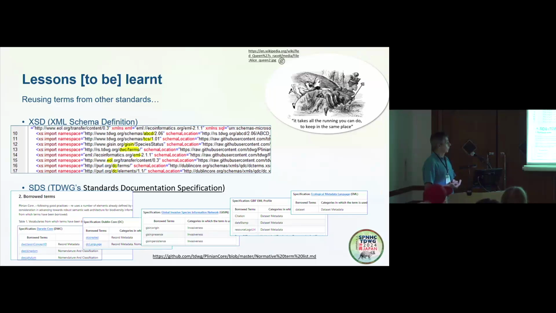The matter in this area is that those schemas have a life by themselves, they evolve, and keeping everything coherent and working together is like the Red Queen dilemma of Alice in Wonderland: we have to follow and track all those changes to keep everything working. In some cases, it was so hard that we decided to have a local version of the schema from which we borrow the terms.